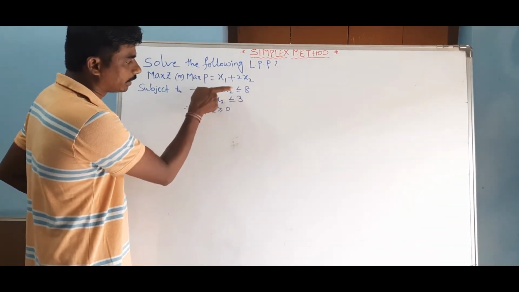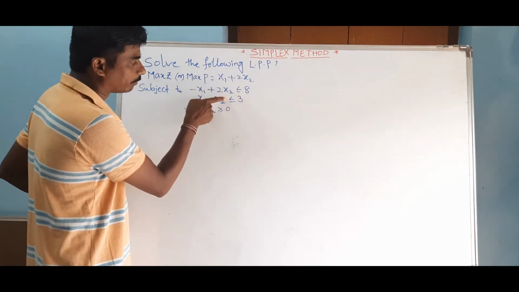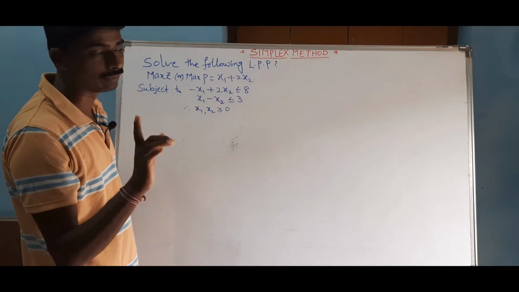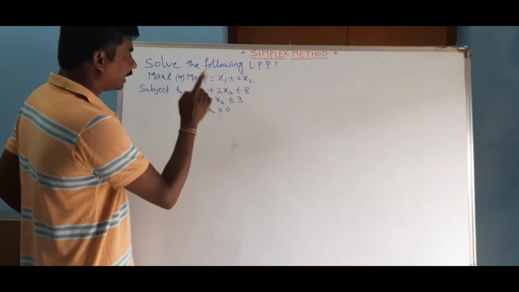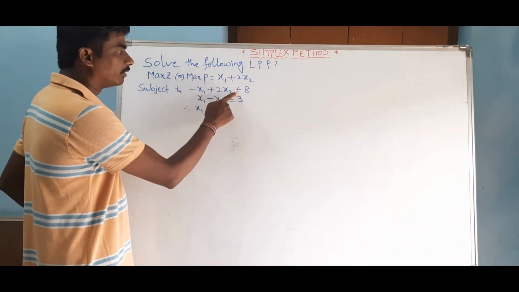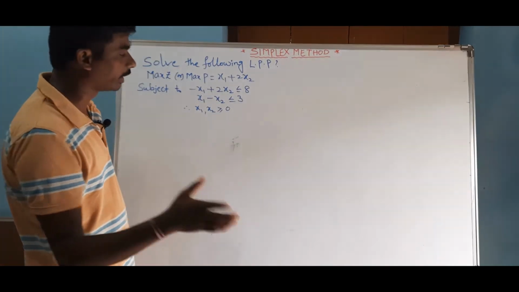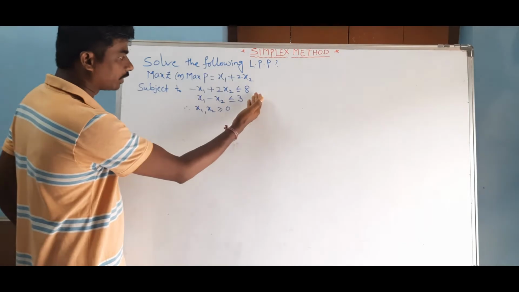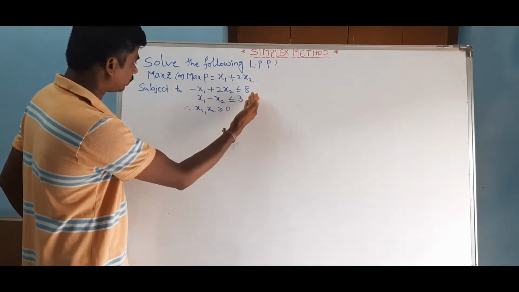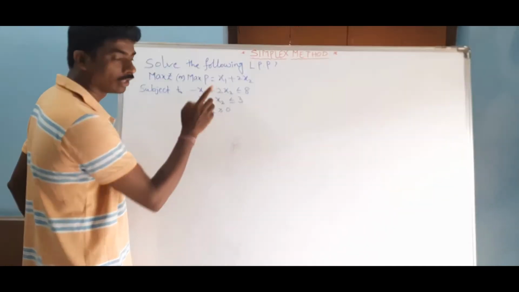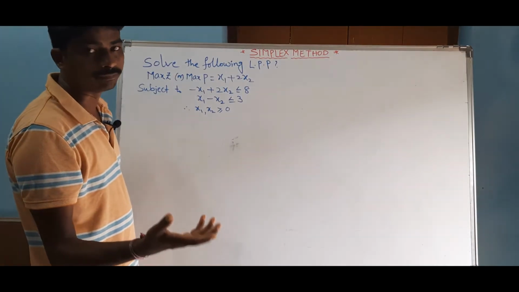Less than or equal to type is always the simplex method. Remember this. If any constraint is a greater than or equal to equation, then it is the big M or two-phase simplex method. See clearly, these 2 constraints are less than or equal to type, so we apply the simplex method.